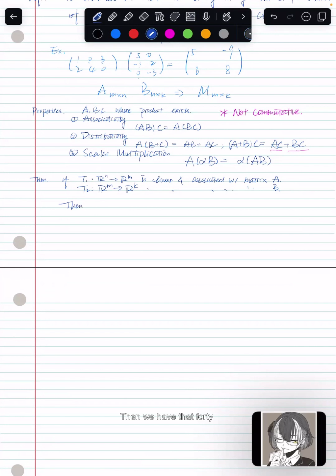Then we have that for T2 composite with T1.